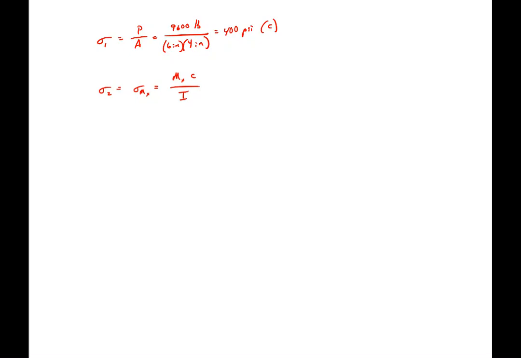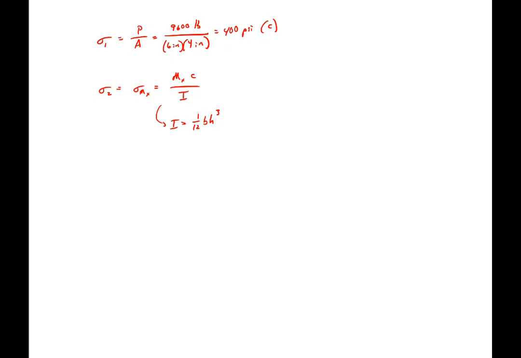The I, in this case, we have to be careful about how we calculate that I. So let's make a diagram here of what that I is going to be. We've got 1/12 base times height cubed.